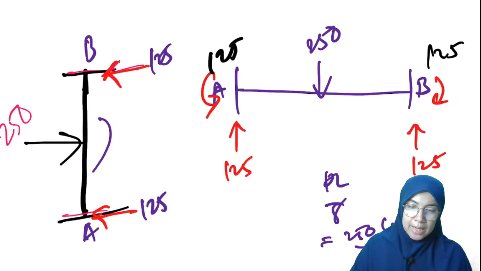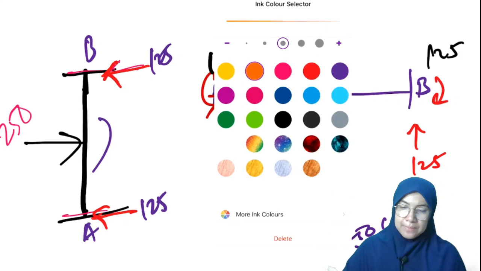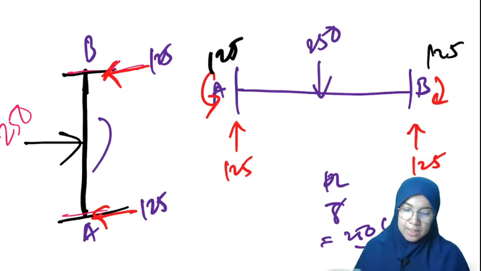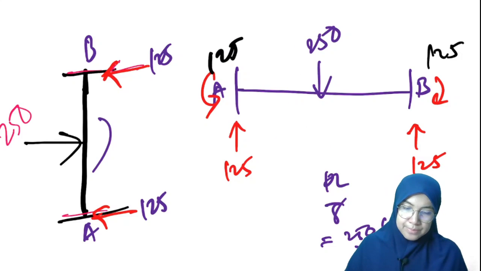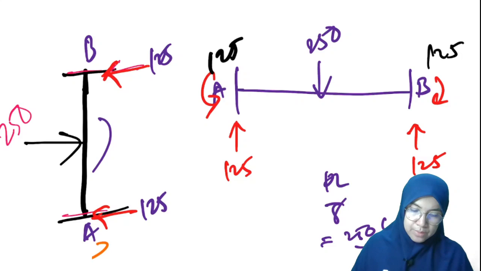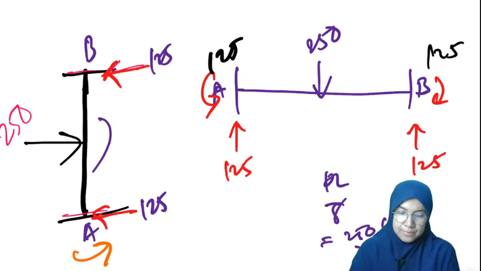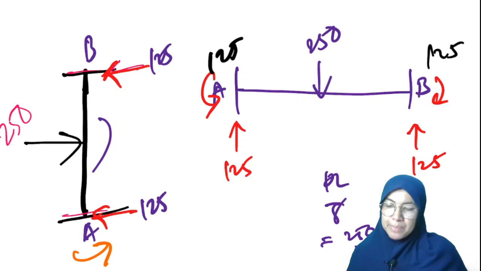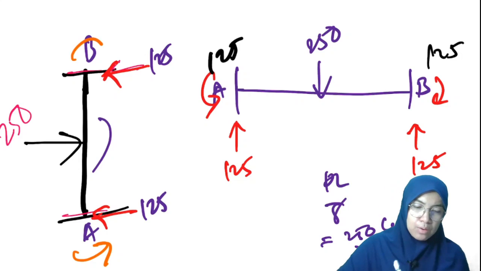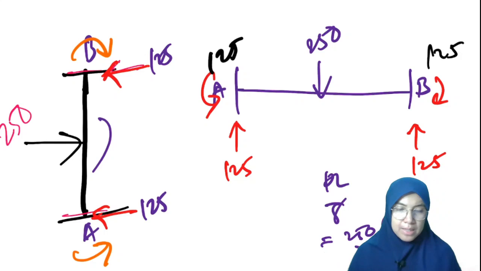At A, the moment is counterclockwise. At B, the moment is clockwise.